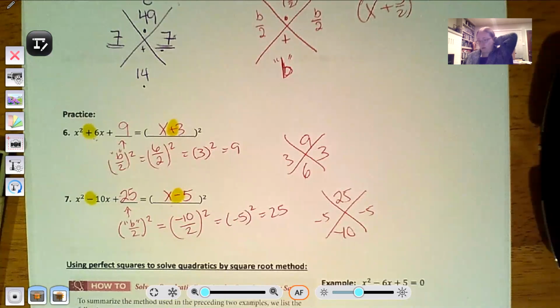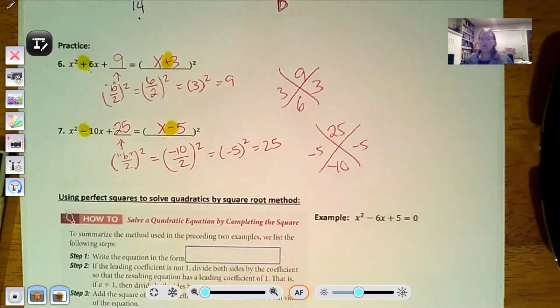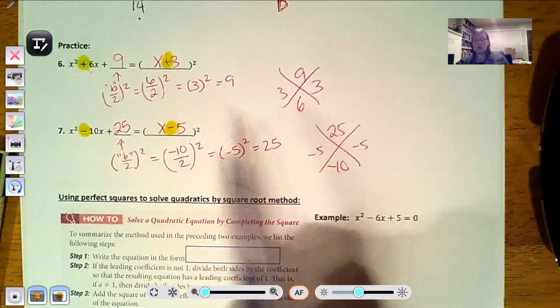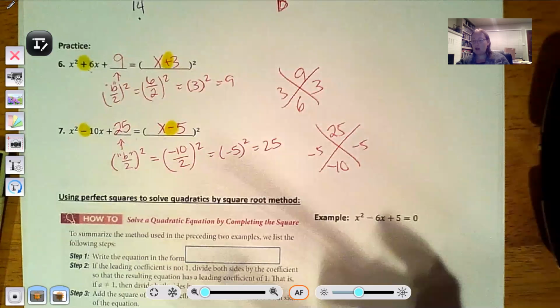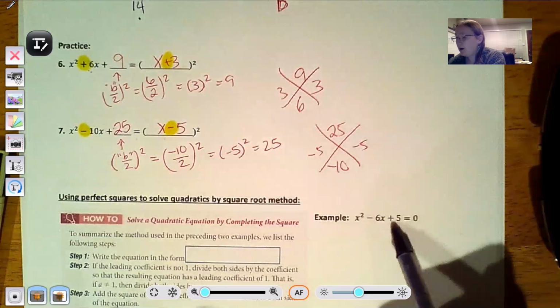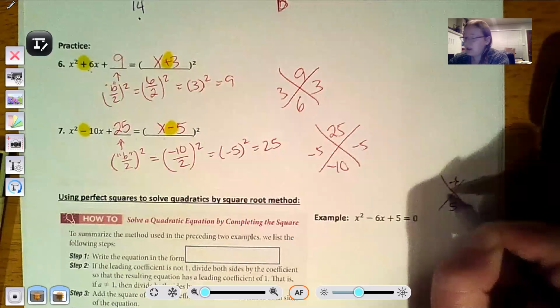So what if it's not got a blank and you're not just trying to write the perfect square? What if you're actually trying to use this to solve for a variable? So you want to complete the square, and we liked having it so that it was x squared plus or minus some x's plus a blank. When I do this, it's not a perfect square. It doesn't work out that way.